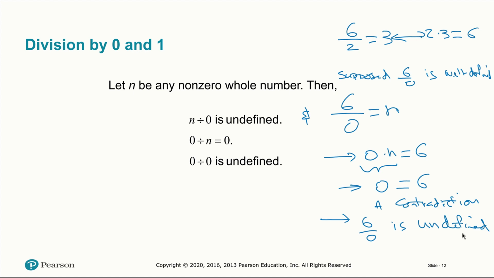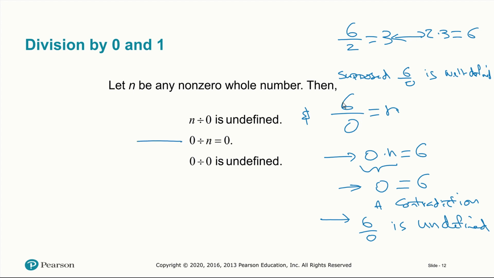All right. Now, dividing by 0 is problematic even if the dividend is 0 itself. So you cannot divide by 0 no matter what the dividend is, whether the dividend is 0 or any number other than 0.